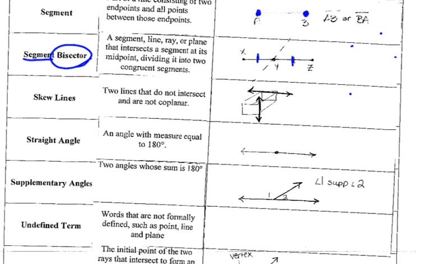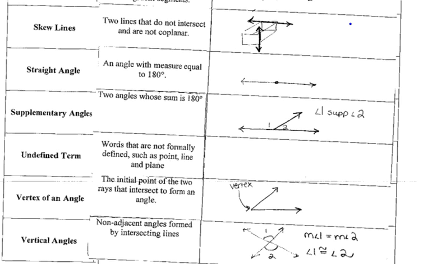Skew is, I think, the hardest one to define. I'm going to say the formal geometric definition is that there are any 2 lines that do not intersect but are not coplanar. I'm going to change that to say do not intersect and are not parallel. So skew lines are any lines that don't intersect but don't fit our railroad track definition of parallel.